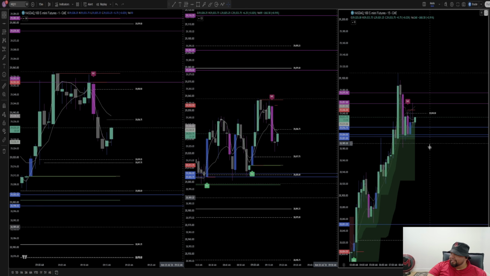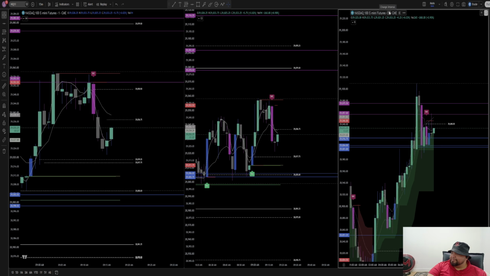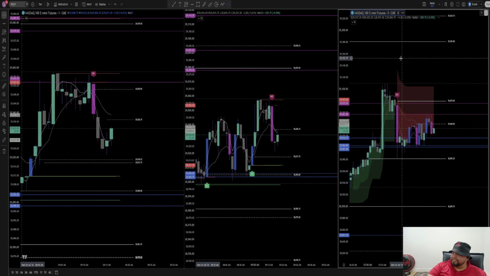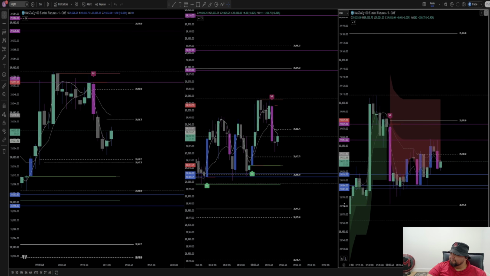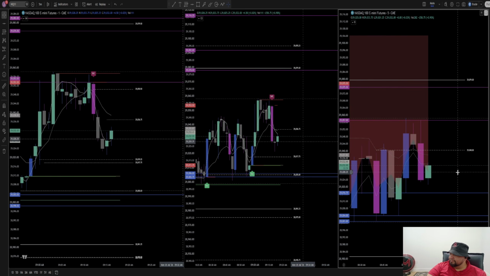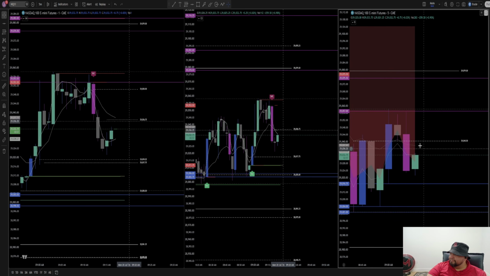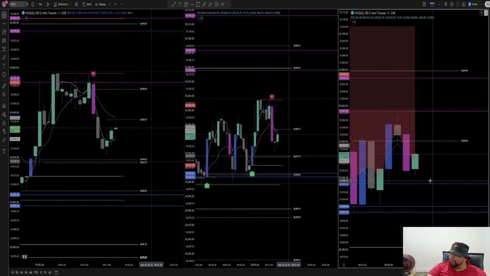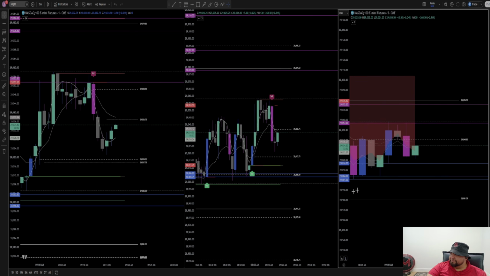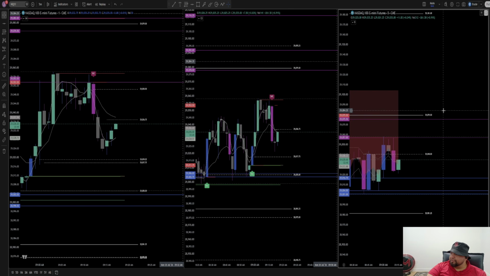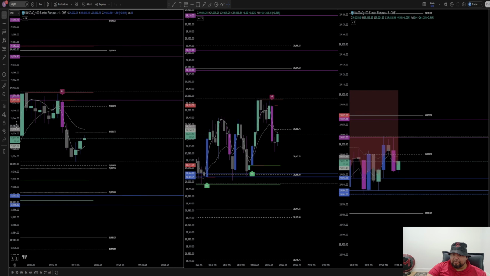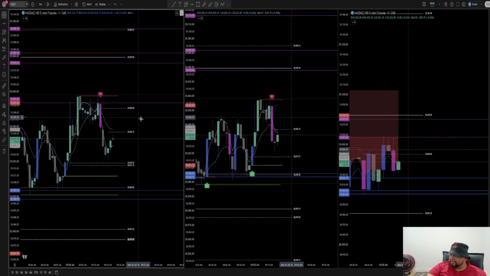We have failed to break that, so it's in a very interesting spot for sure. Now we're getting more and more trapped, more compression. You're gonna see boom, boom, boom, and eventually you're gonna see a closure above one of these areas. ORB, I'm curious where ORB is gonna be.